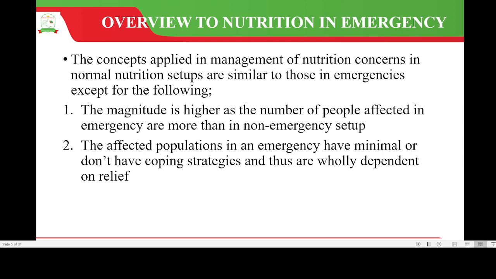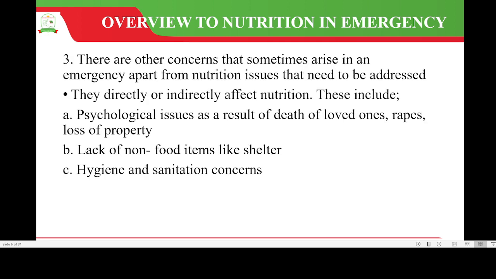For example, the magnitude is usually higher as the number of people affected in emergencies is more than those in non-emergency situations. The affected populations in an emergency also have minimal or don't even have coping strategies and so are wholly dependent on relief. And there are other concerns that sometimes arise in emergency situations, apart from the nutrition issues, that may need to be addressed.